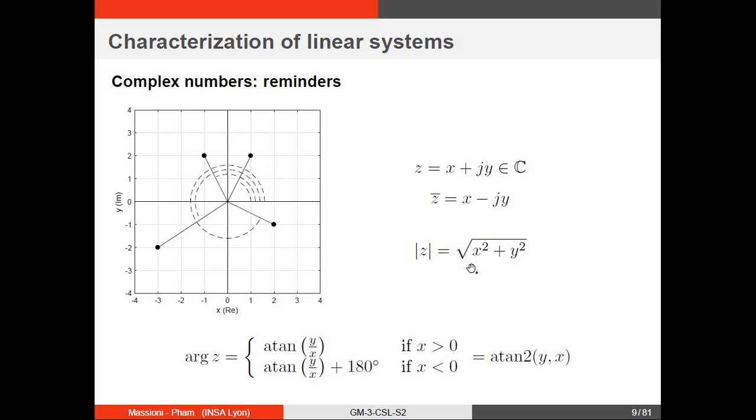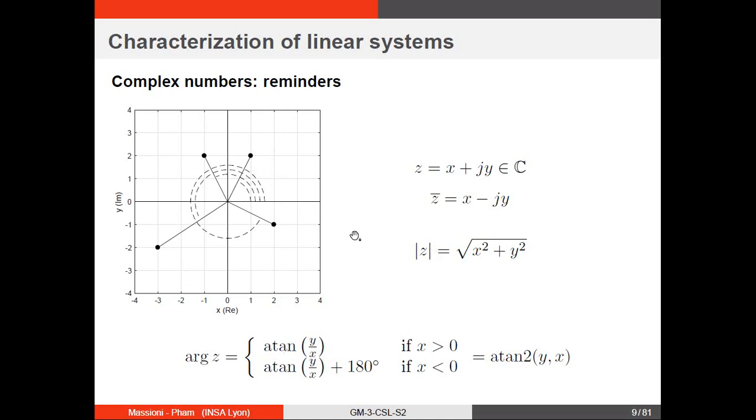The argument of a complex number, this angle over here, can be computed by the arctangent of the ratio between the imaginary and the real part. The problem is that this arctangent works only if the real part is positive, because if the real part is negative, you get the wrong result.